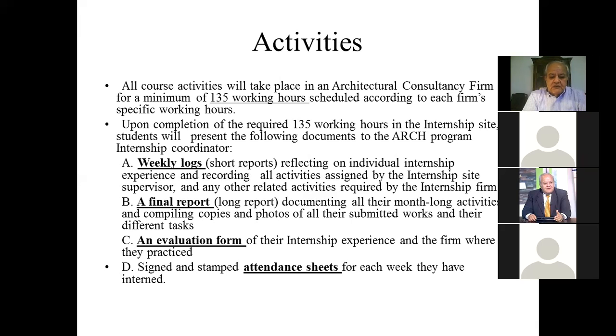So, of course, you will start with your attendance sheet. I attended from this hour to this hour. I did this very briefly. So this is the daily attendance sheet. Then you go to the weekly log. So you start to write more about what you did every day.